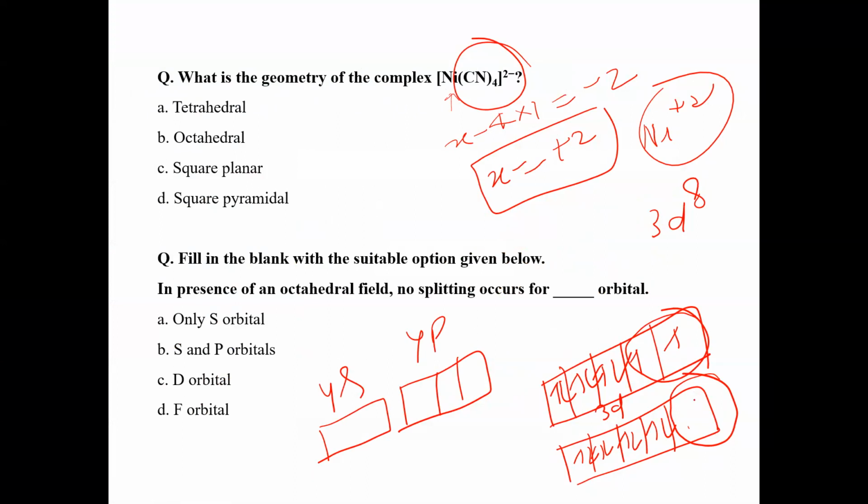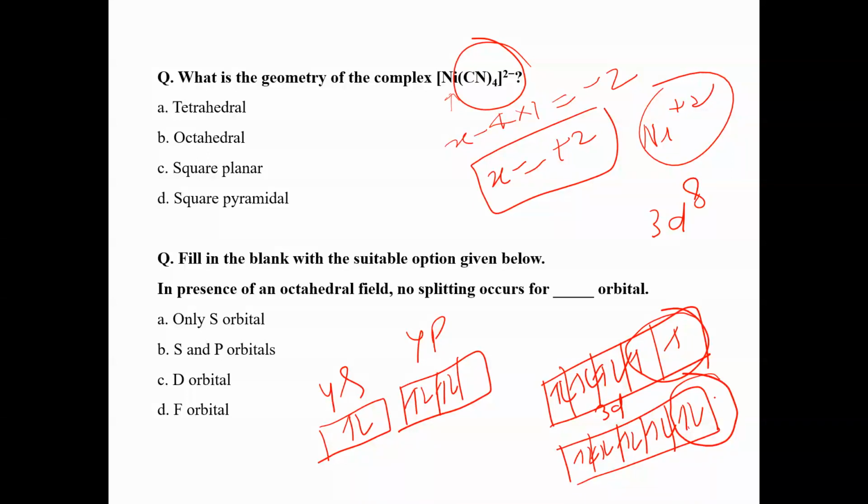So one d orbital is vacant, and there are 4 ligands, 4 cyanide ions. So one pair from this ligand will be here, one is here, and one is here.